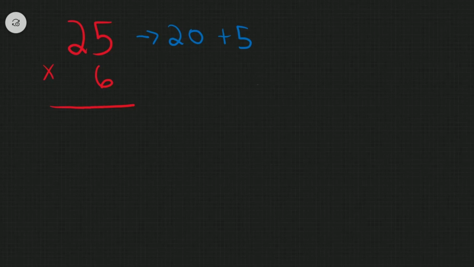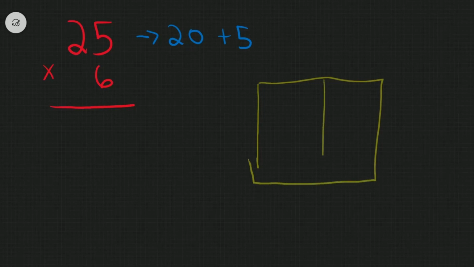Now, the next thing that we're going to do is a little bit different. We're going to draw a picture, and it's going to be of a window. We've got our handy-dandy window right here. It's such a beautiful window. I've said it before, I truly am an artist. Not. So now what I'm going to do is I'm going to put our 20 here, our 5 here, and our 6 right here.